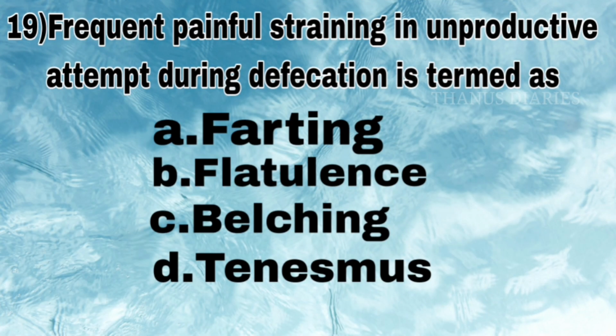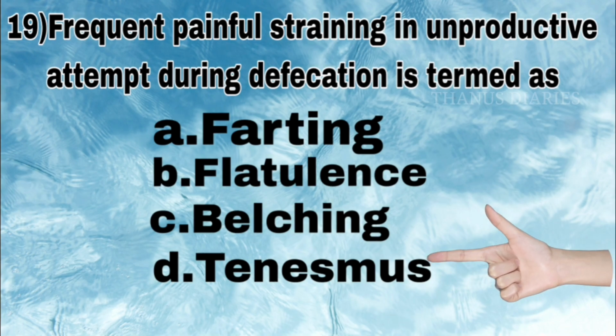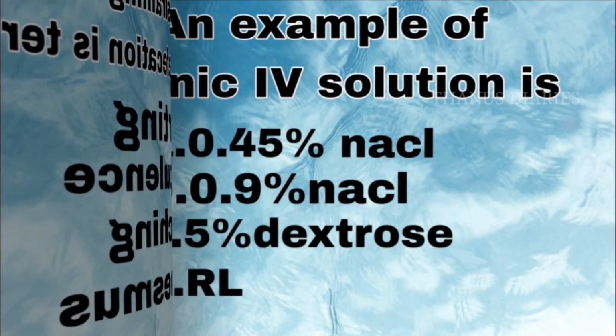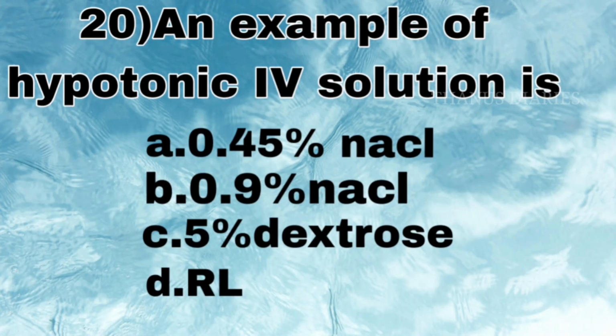Frequent painful straining in unproductive attempt during defecation is termed as farting, flatulence, belching, tenesmus. The answer is tenesmus. Next question. An example of hypertonic IV solution is 0.45% NaCl, 0.9% NaCl, 5% dextrose and Ringer lactate.